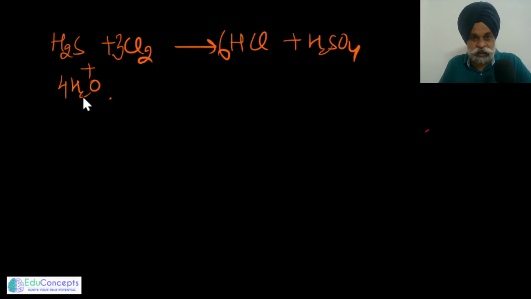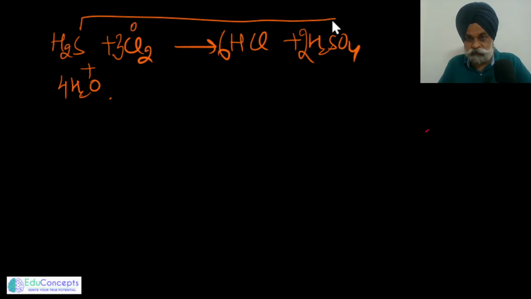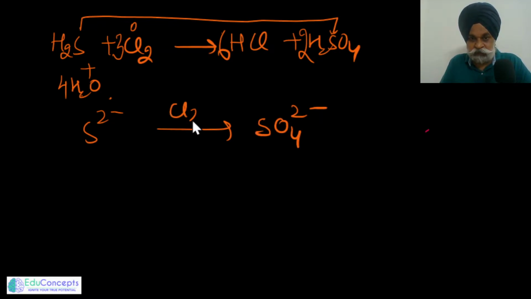So 8, 9, 10, so 2 sulfuric acid, so it got balanced also. Hydrogen, yes, it got balanced. So the point here is important, because chlorine is a strong oxidizing agent which converts sulfide to sulfate, sulfide to sulfate, sulfide to sulfate. This is very, very important in the presence of chlorine.